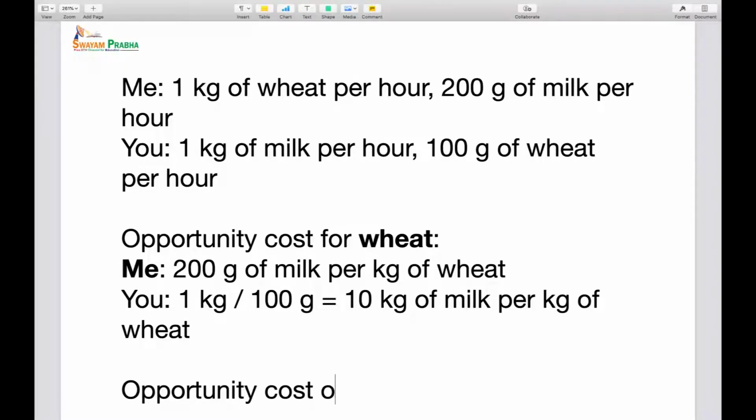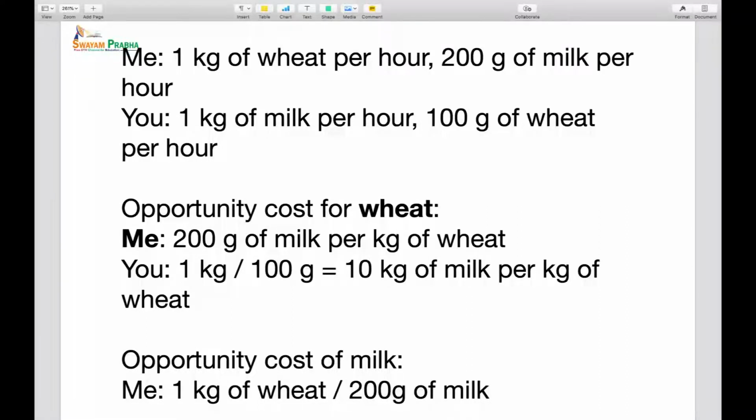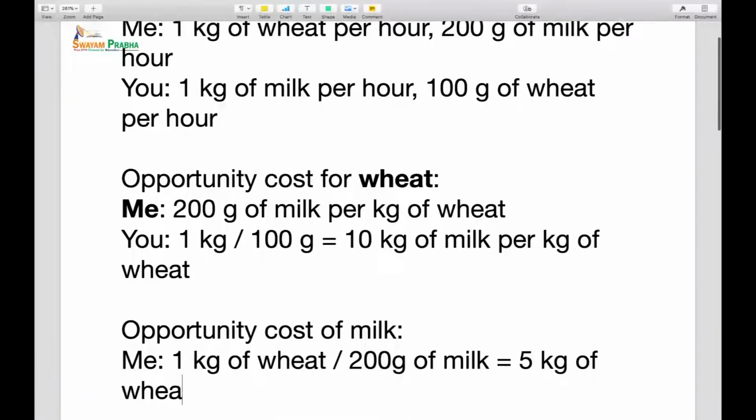cost of milk. Now, for me, the opportunity cost of milk is 1 kg of wheat divided by 200 grams of milk, which is 5 kg of wheat per kg of milk.